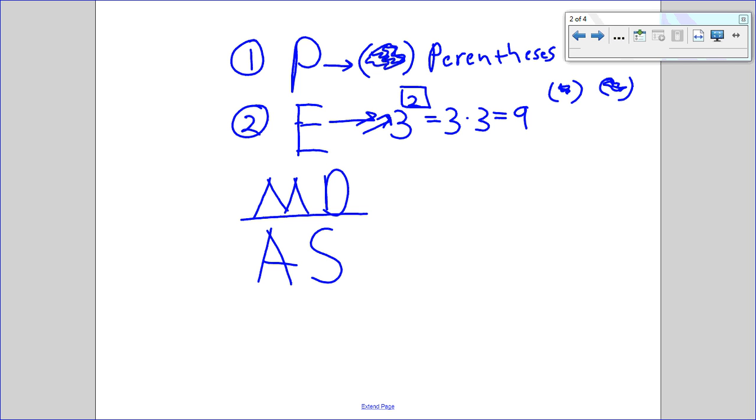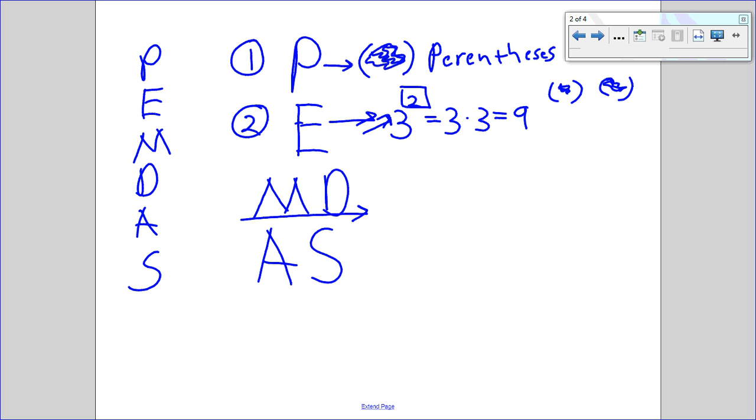Now, the reason that I didn't just write it like this, like you've probably seen it written, is because I don't want there to be any confusion. You work multiplication and division from left to right. You very well may multiply before you divide. Multiplication and division must all be done from left to right. So you can divide before you multiply, you can multiply before you divide, but you always do it left to right.